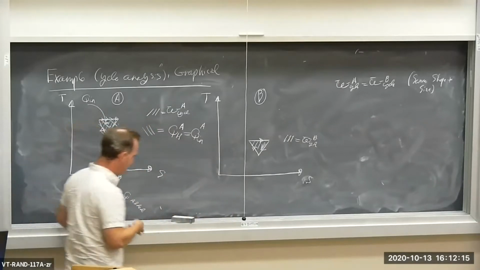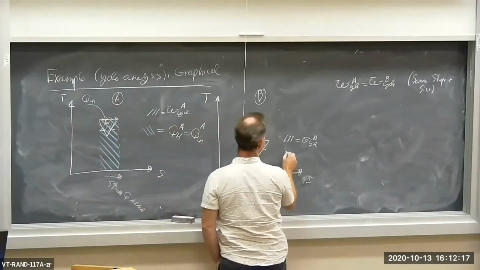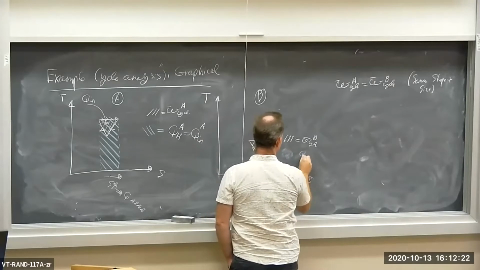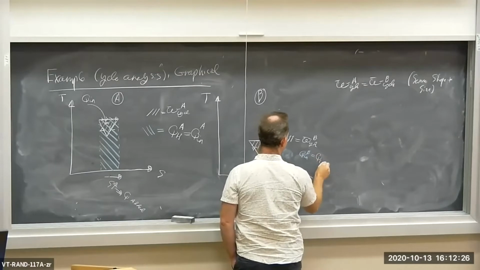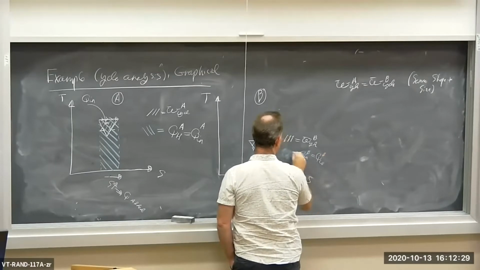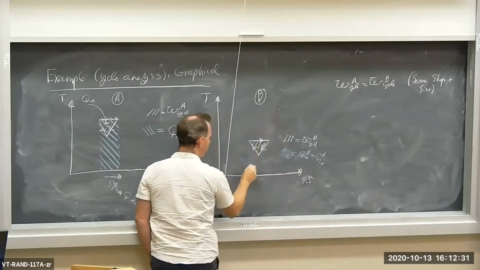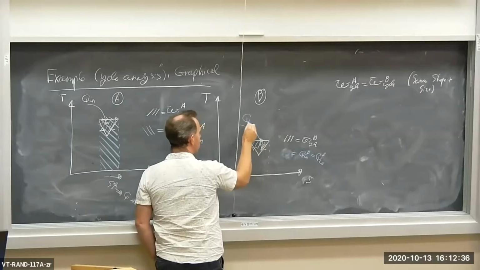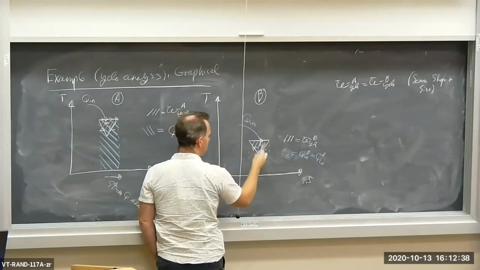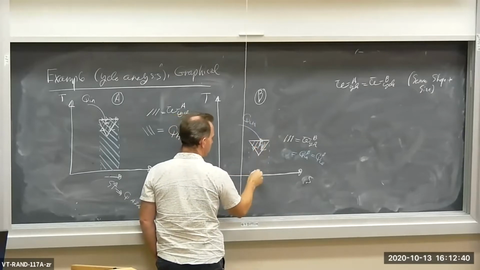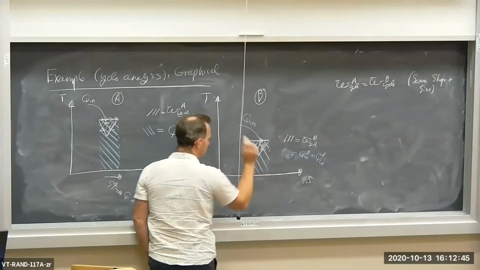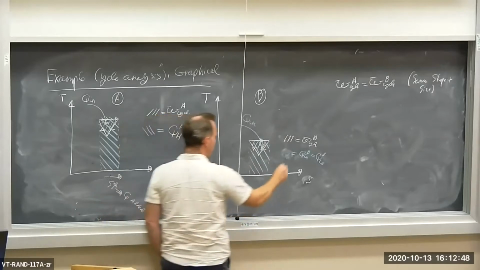How about this one? The heat addition, Q in B, if you like, that's Q low B. That's represented by this area. So the heat is being added on the top portion of the cycle. The cycle is going in the clockwise direction. So that's where the heat is being added, okay?